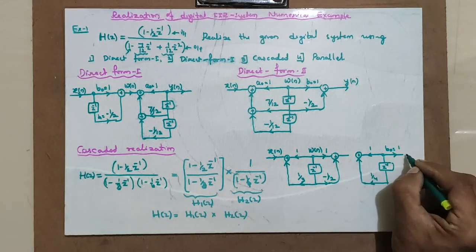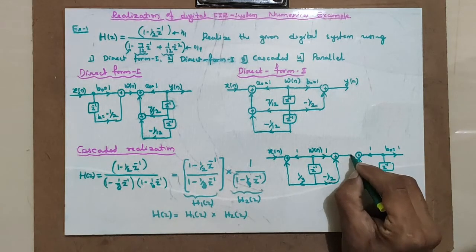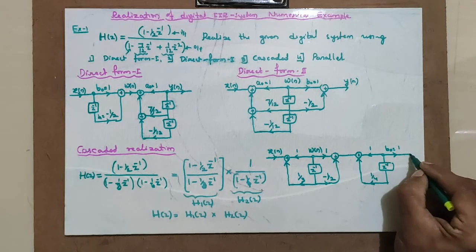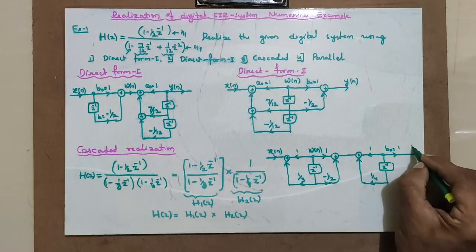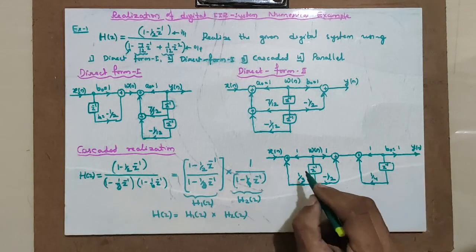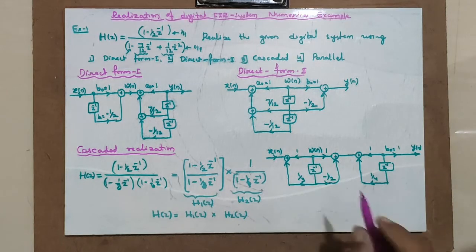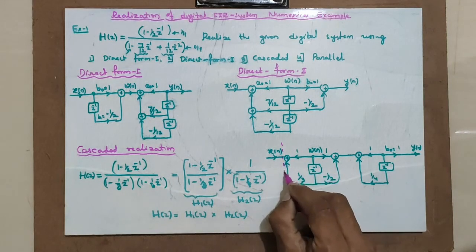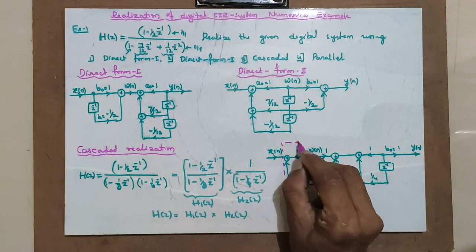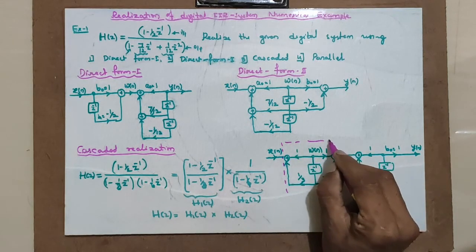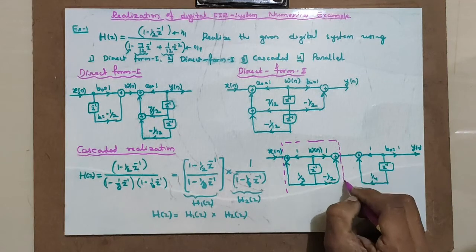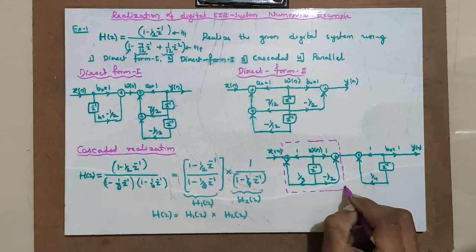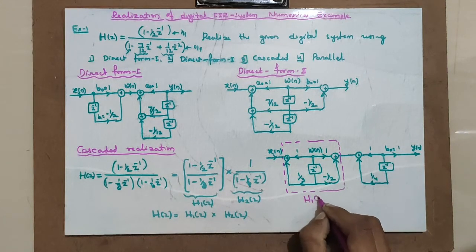There are no summers required at the output. Join these two and this becomes the output y of n. See here, this is the complete structure for H1(z).